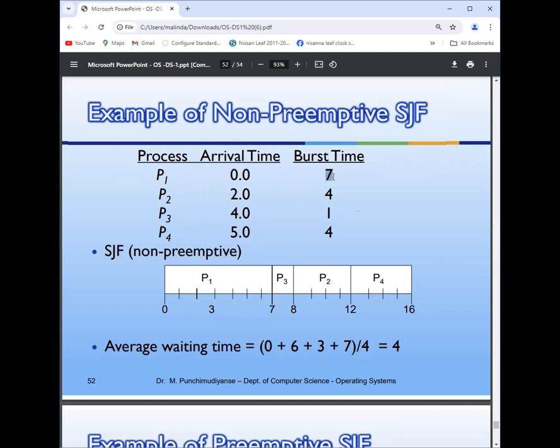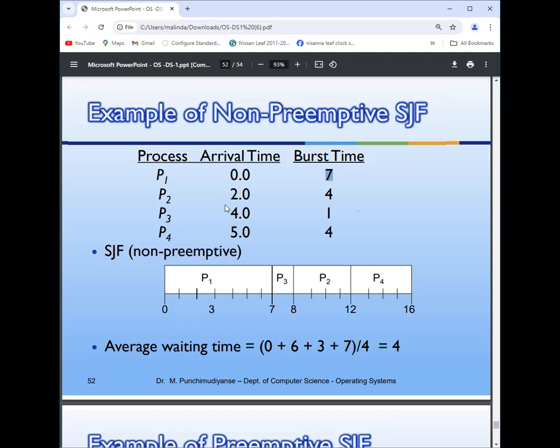So even though the burst time is 7, which is high, P1 is given the chance to run. Since the nature is non-preemptive, in the middle we cannot change the CPU. Because of that, until P1 completes, others have to wait. So P1 runs and completes at time 7.